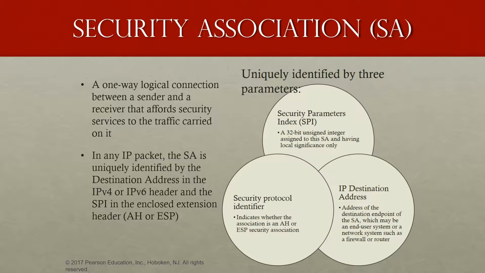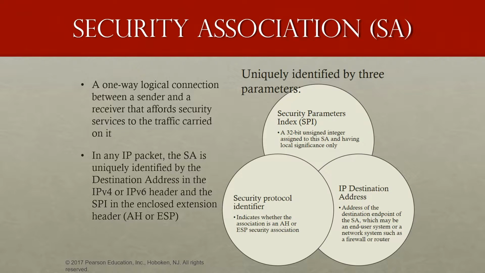IP destination address. This is the address of the destination endpoint of the SA, which may be an end-user system or a network system, such as a firewall or router. Security Protocol Identifier. This field from the outer IP header indicates whether the association is an AH or ESP security association.